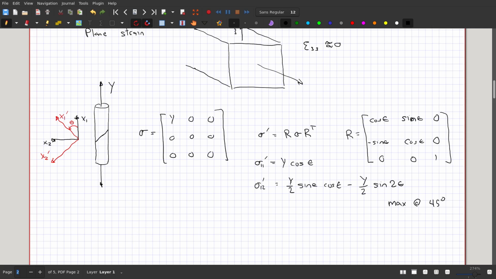And this we call a shear stress. The 1,1, 2,2, 3,3 are normal stresses. Any of the others are called shear stresses. And what we see is that the shear stress is at a maximum at 45 degrees. So you can use this to develop a failure criterion, called the maximum shear stress criterion.